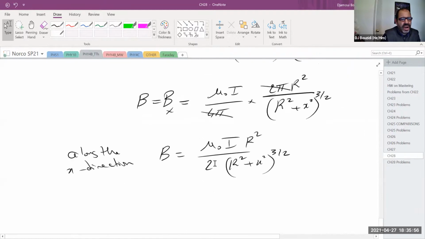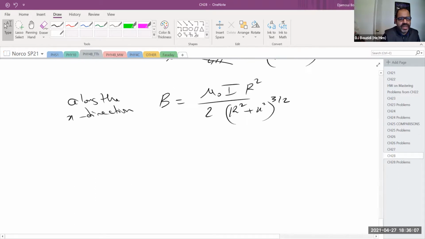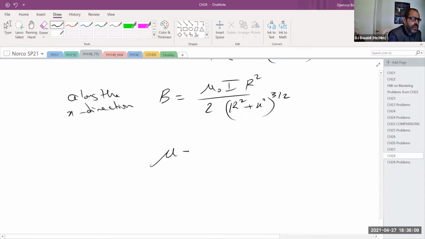And in similar fashion to how we define the dipole moment for the electric field, which was p equal to the charge Q times the distance between the negative charge and the positive charge, we can define actually the magnetic moment in here, mu. This is magnetic moment. It has nothing to do with the magnetic permeability in this case, magnetic moment.